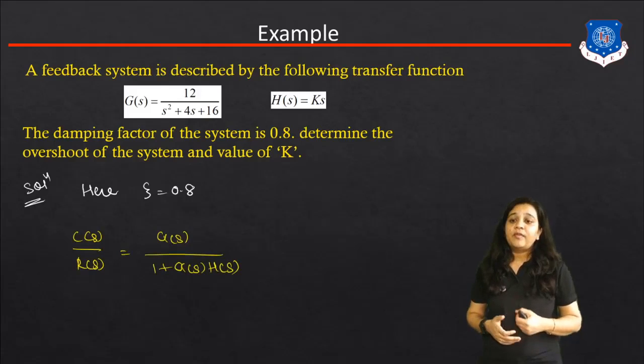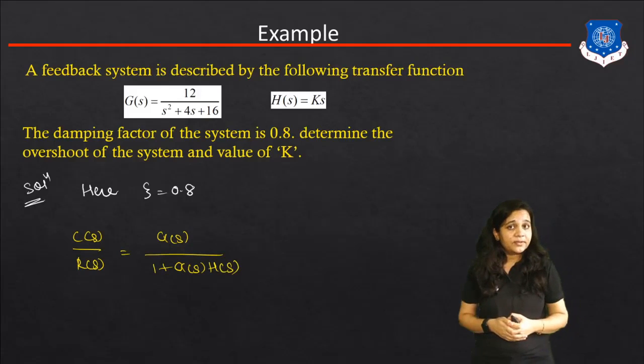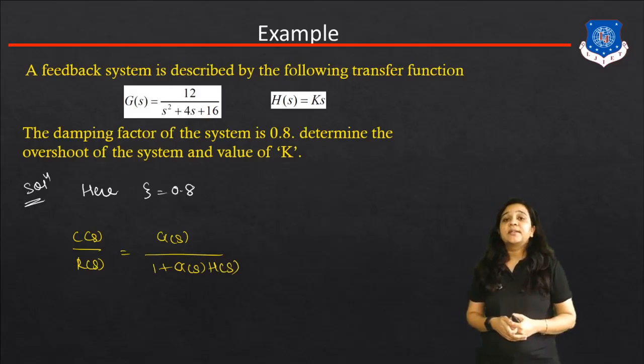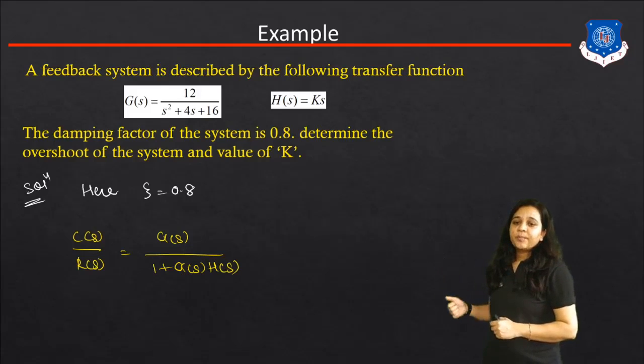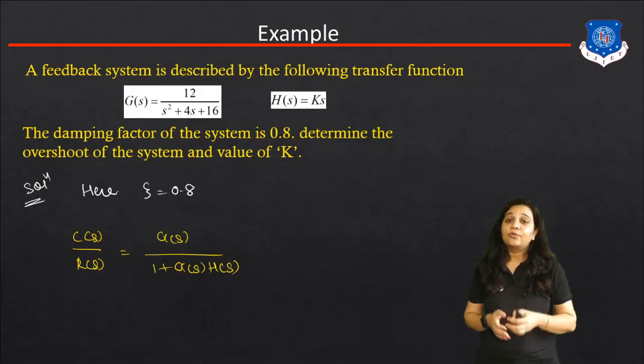So here the data is given, zeta is equal to 0.8. First of all we have to write down the transfer function, which is nothing but the ratio of the Laplace transform of the output signal to the Laplace transform of the input signal, C of s upon R of s, that is equal to G of s upon 1 plus G of s H of s.